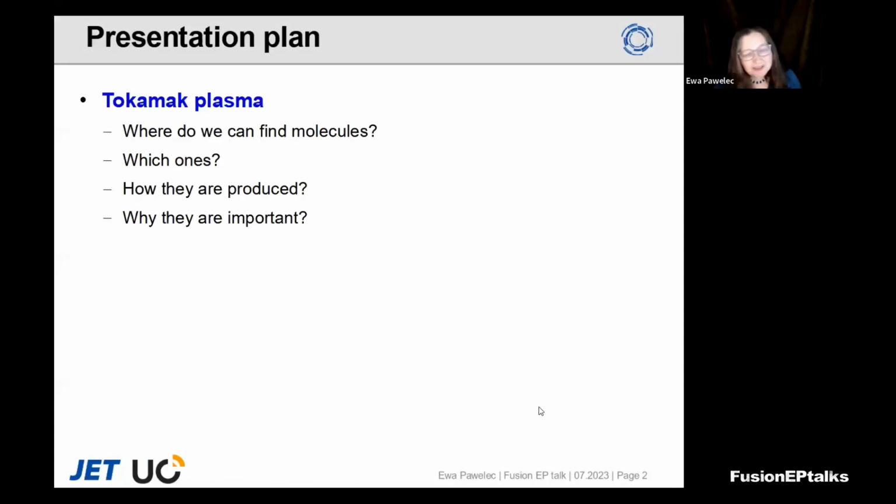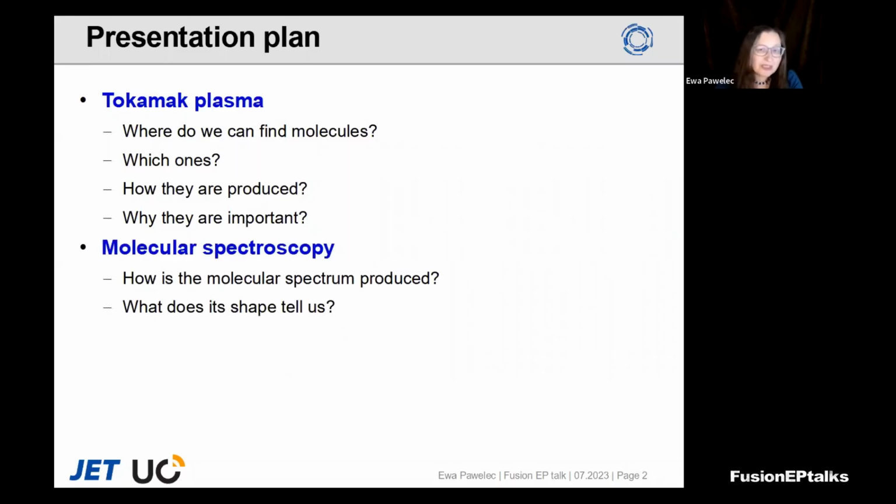So the plan is I will tell about the molecules, where do we find them and which ones, at least which ones at JET, but it doesn't mean that in the other machines we cannot find slightly different ones. But that will be how they are produced and why they are important. So what is really the meaning that we are finding those and different molecules.